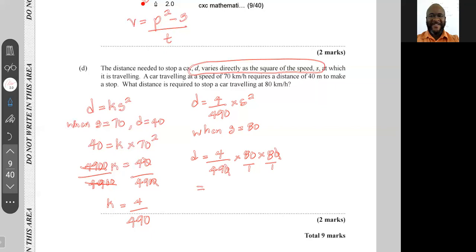So this is 4 times 80 times 8 and divide by 49. The answer here is 52.2 meters. So the distance required to stop a car traveling at 80 kilometers per hour is 52.2 meters.